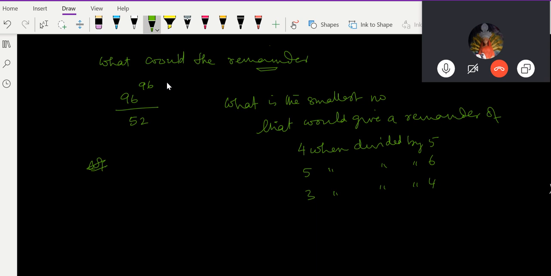What is the smallest number that would give a remainder of 0 when divided by 4, 5 and 6? 60, correct. That's the LCM. That will give a remainder of 0, or is exactly divisible by 4, 5 and 6, all three of them. Lowest number. Right? What is the lowest number that will give a remainder of 1 when divided by 4, 5 and 6?